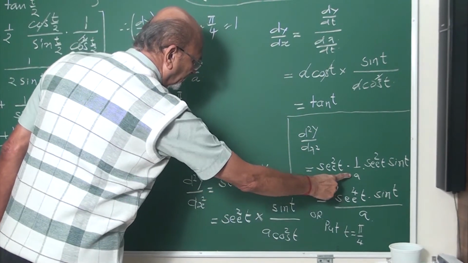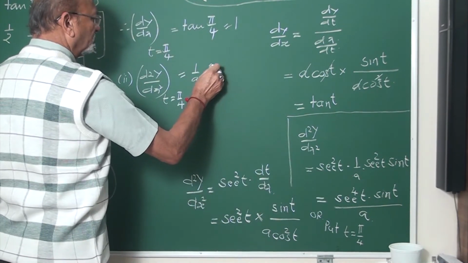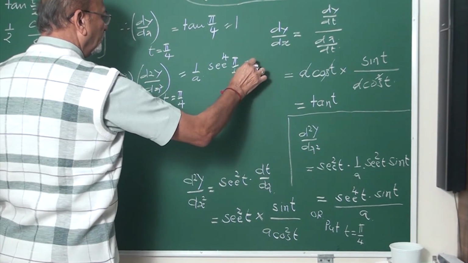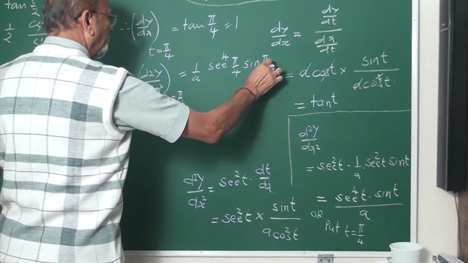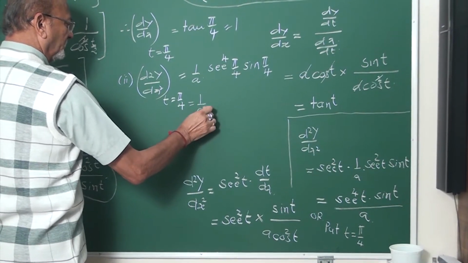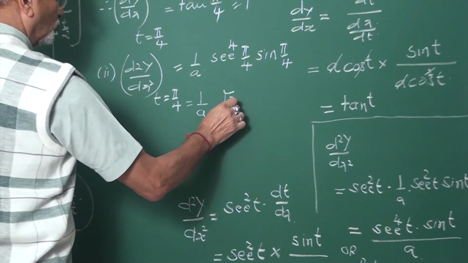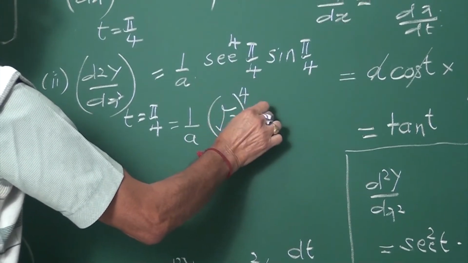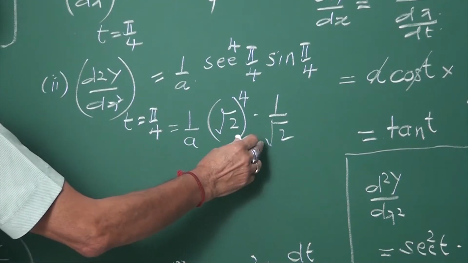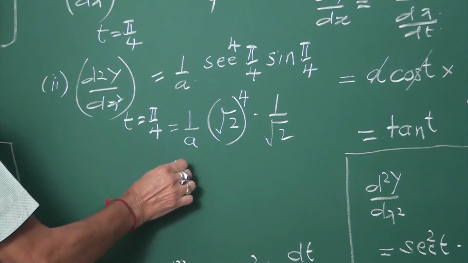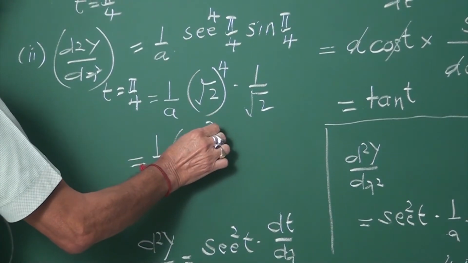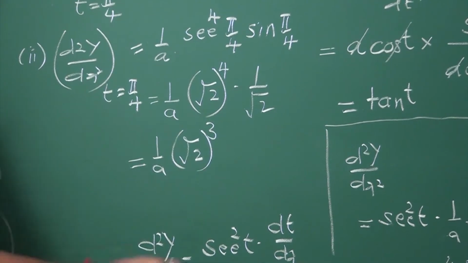Put here: sec to the power 4 of pi by 4 into sin pi by 4. Yes, my friend, it is 1 by a. Tell, what is sec 45? Root 2 to the power 4. What is sin 45? 1 by root 2. Simplified, 1 by root 2 cancels. It is 1 by a into root 2 to the power 3, my friends. So what is this?